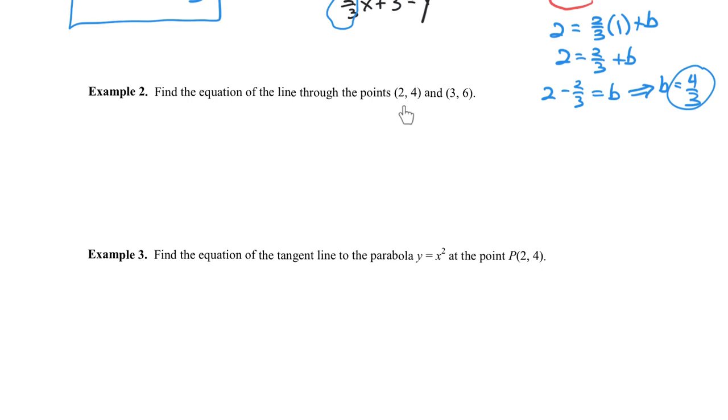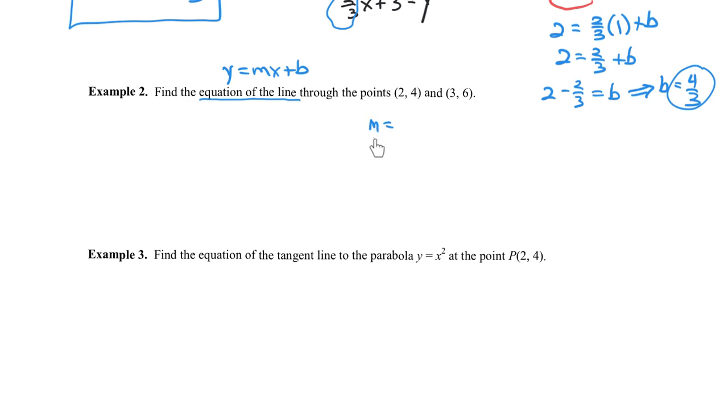So for this one, we've got an equation of a line through these 2 points. Again, they say equation of a line, so we're going to think y equals mx plus b, which means we need to find 2 things: the slope and the y-intercept. And you probably remember from the fun-filled days of algebra class, the slope formula for a line through any 2 points.